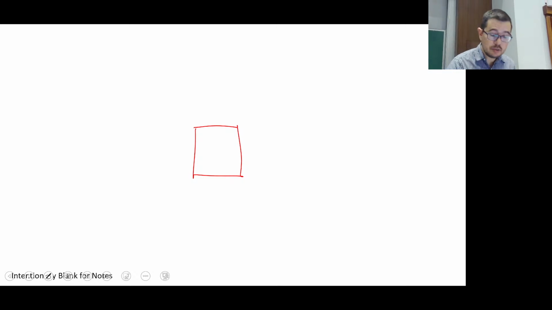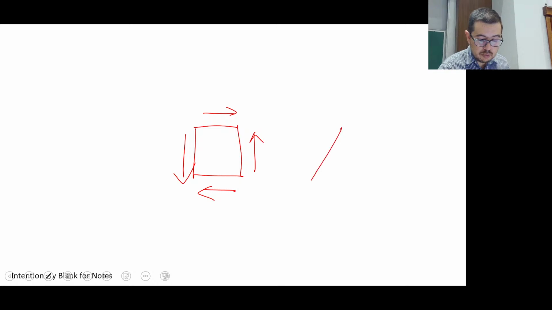I have this box, and I draw my shear stresses like this. This element is going to distort like that.